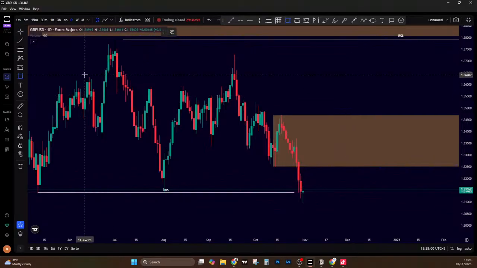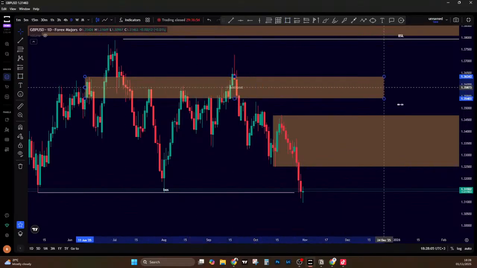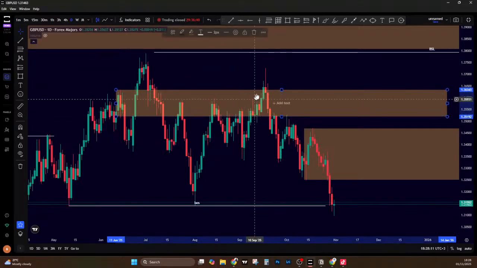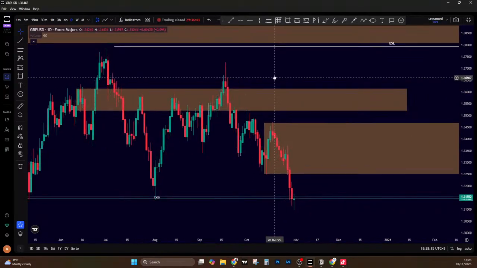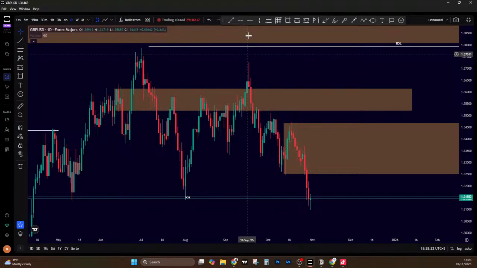Now we have these supplies here, or resistant area. If you look at this, we have a resistant area there, and then you see this move from this down to this top.